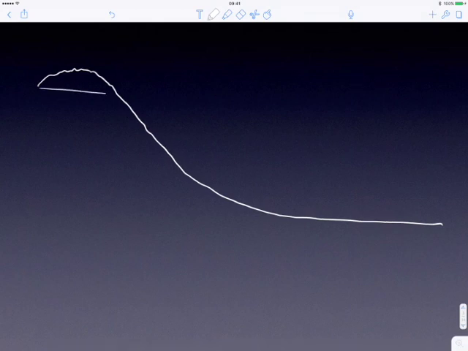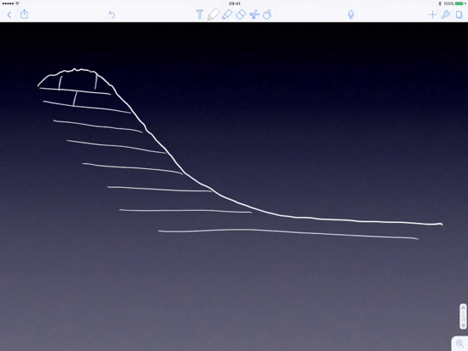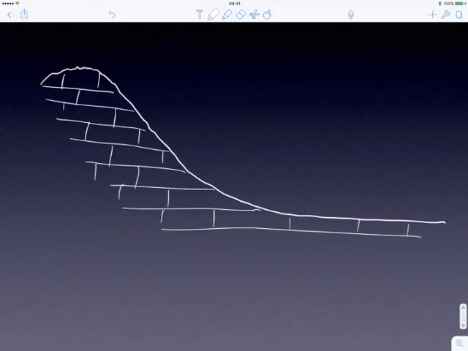The symbol for calcium carbonate is this typical marble-like wall structure we have seen, I'm sure, in some geological representation of a limestone deposit. So that is a cross-section through a limestone mountain or whatever you want.